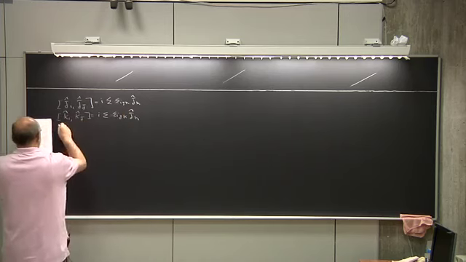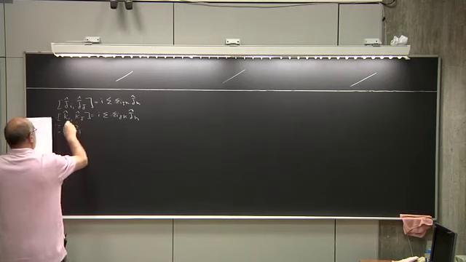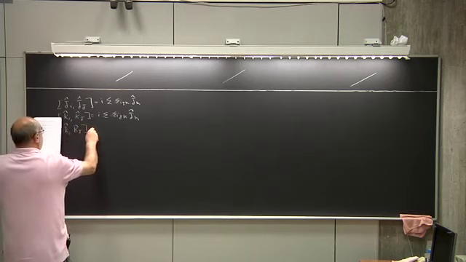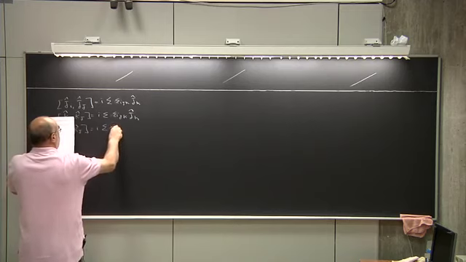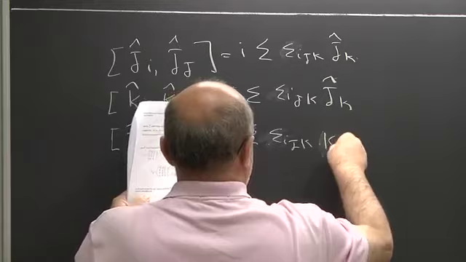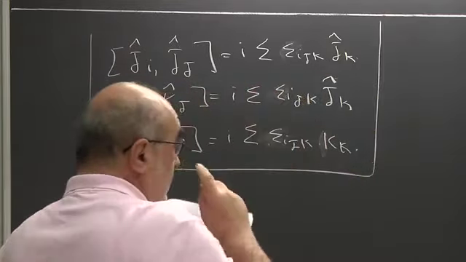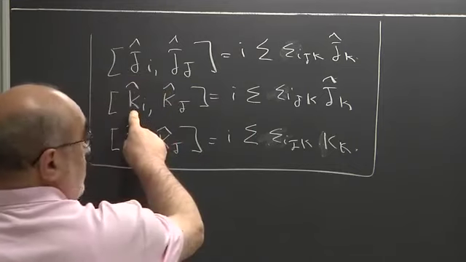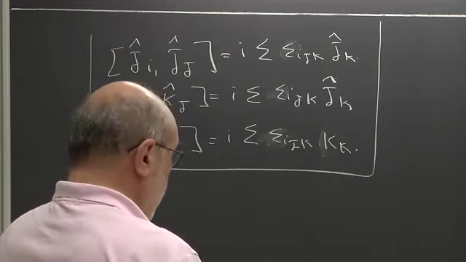we did not derive this, but of course it is possible to derive it. Okay, so this is the full Lorentz algebra. These are the generators of the boost, the K, and the J, the generators of rotation.